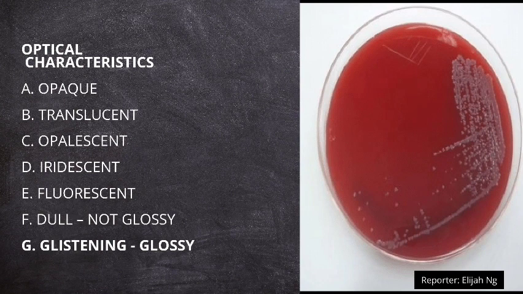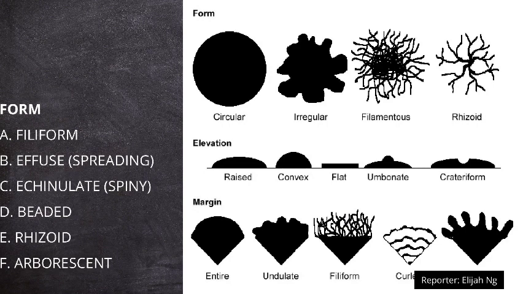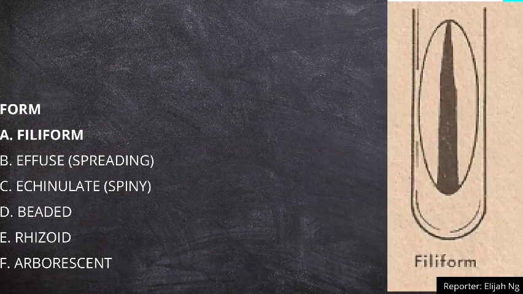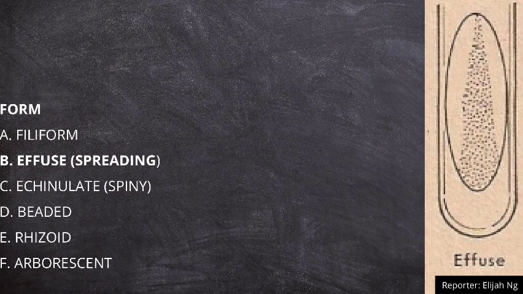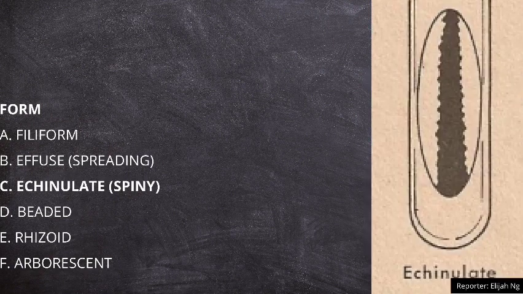So another characteristic would be form. The first one is filiform. It's thread-like, with separate or confluent colonies all throughout the line of inoculation. Second is effuse or spreading. Its growth extends in form along the line of inoculation. C is echinulate or spiny.